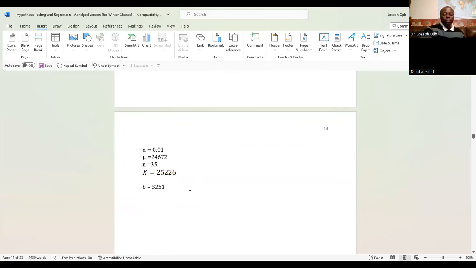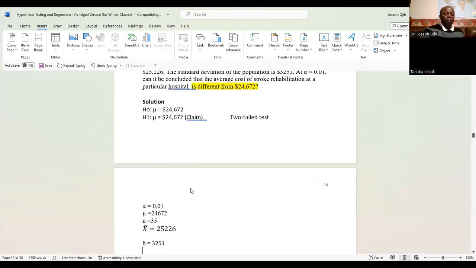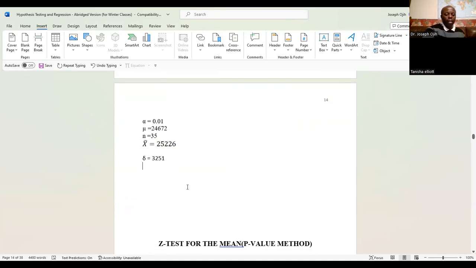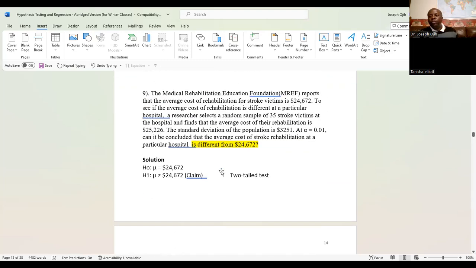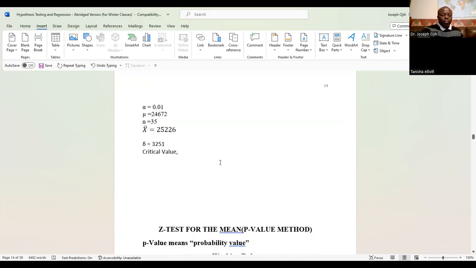So the critical value. Now this one is a two-tailed test. We can find the critical value the same way we find it when we're doing a confidence interval. So that will be Z alpha over 2.